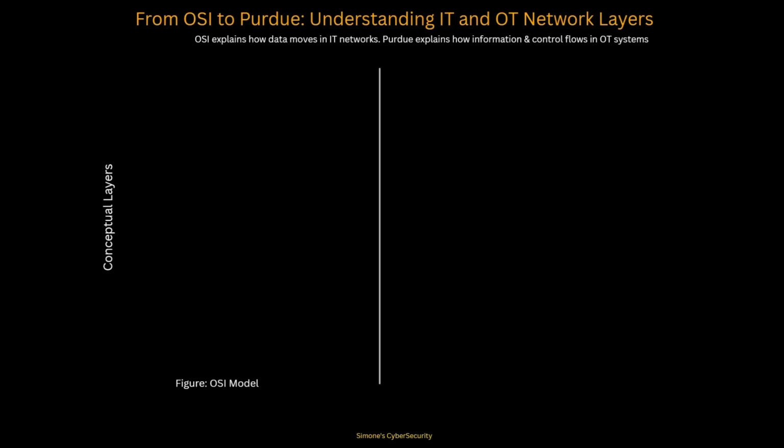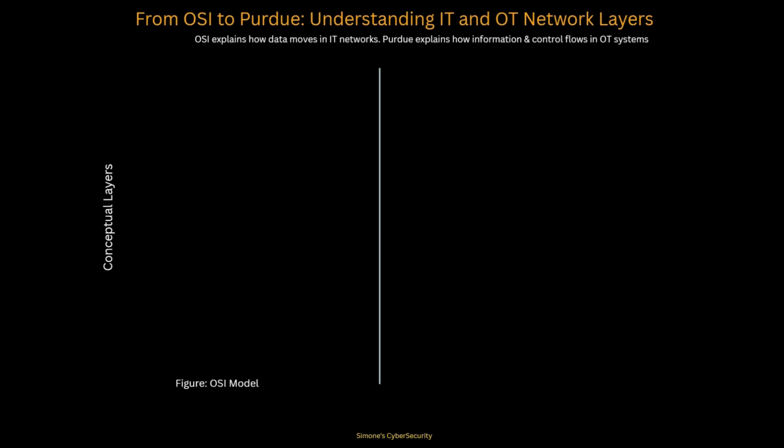So before we dive into OT network design, let's first build a quick foundation by looking at how things work on the IT side, because understanding how data moves in IT networks will give us a solid reference point for understanding how control and information flow in OT networks later. So for reference point on the IT side, we are going to use the OSI model.